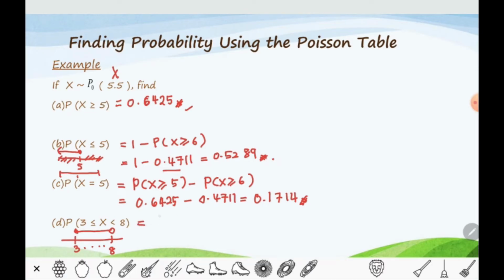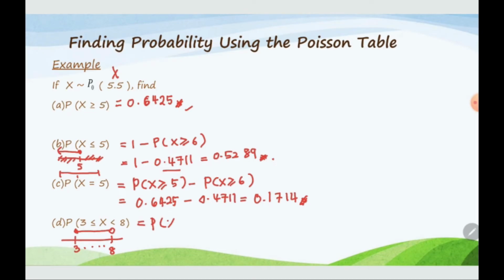To read from the table, we have to take X ≥ 3 minus X ≥ 8, because 8 is not included, so we subtract at 8. If 8 is included, we have to take the next number, which is 9.